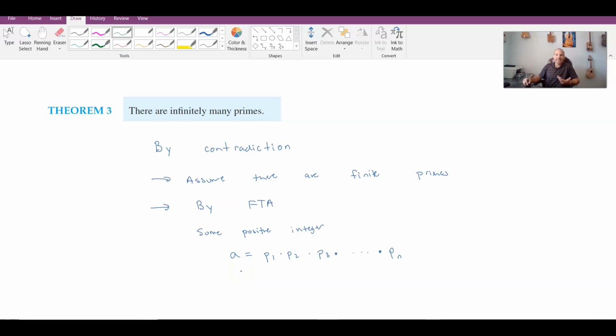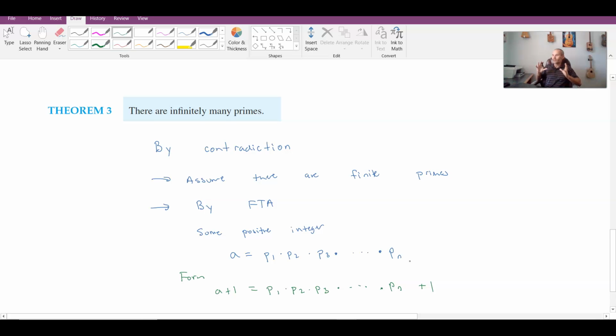But we know that a isn't the largest number. In fact, we can form a new number that we'll call a plus 1, which will be the product of all of these primes, plus 1. Right? We've taken the product of all of those primes plus 1.